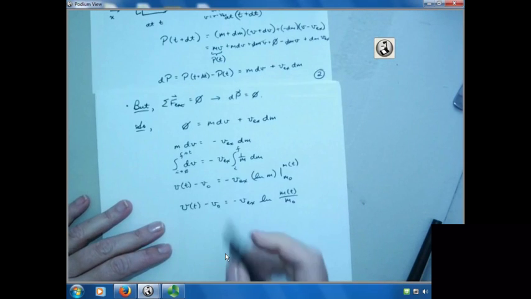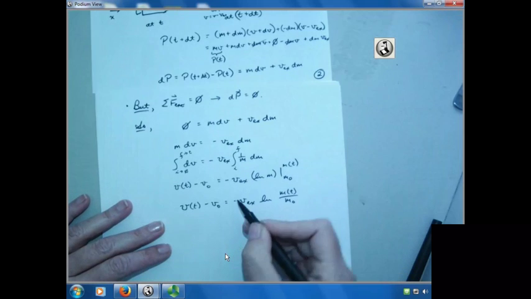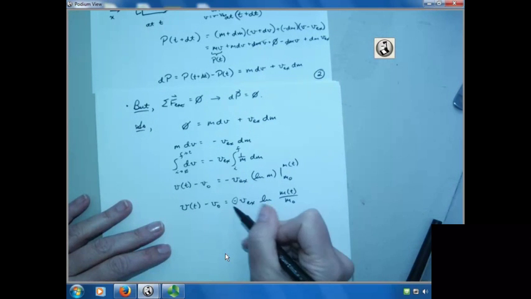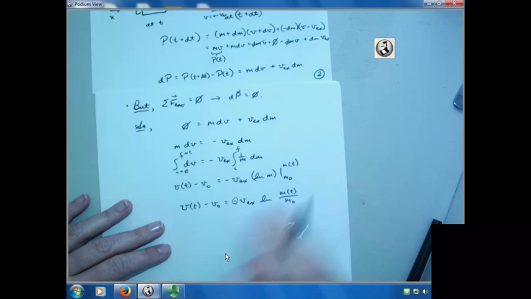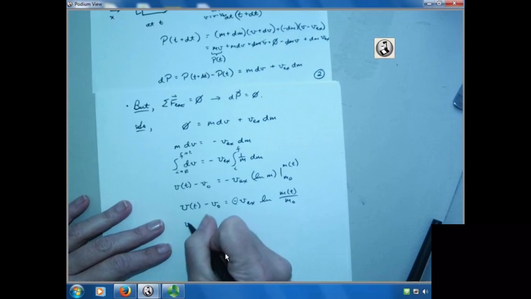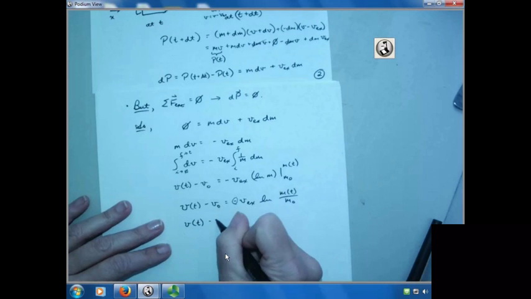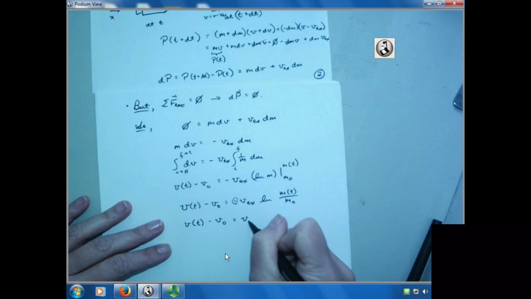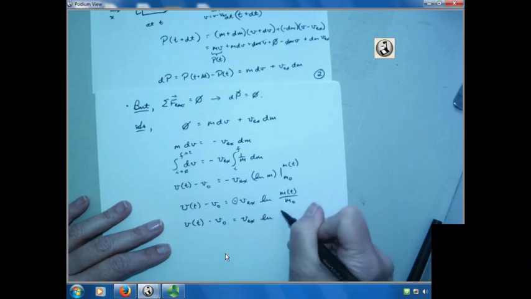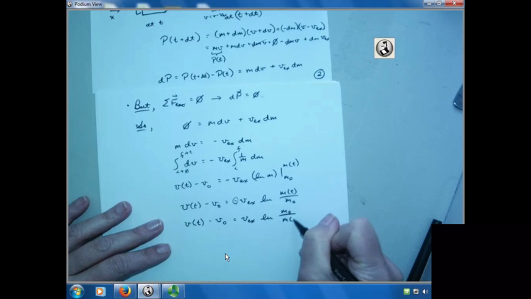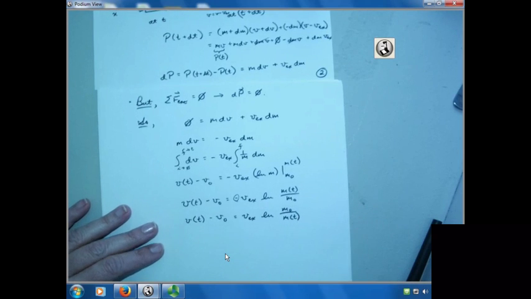And then I'll say, you know what, I don't really like this minus sign out front. If I want to get rid of this minus sign, I can invert my ratio in my natural log's argument, which is what I'm going to do. All right.